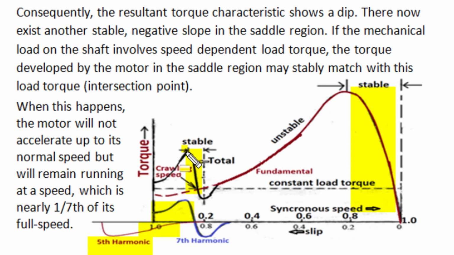In this negative torque speed characteristic, if load torque on the shaft after attaining a certain speed matches motoring torque here in this negative slope characteristic, and two torque lines intersect each other, then at the intersection point we will find a stable operating condition of the motor, and the motor will continuously run at constant speed without acceleration nearly at 1/7 of full speed, and this slow speed continuous operation of the motor is known as crawling.